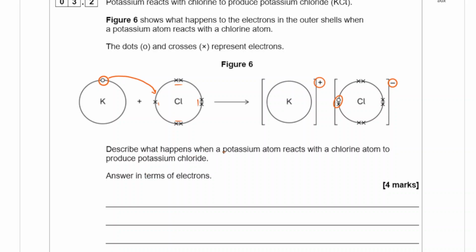Describe what happens when a potassium atom reacts with a chlorine atom to produce potassium chloride. Answer in terms of electrons.